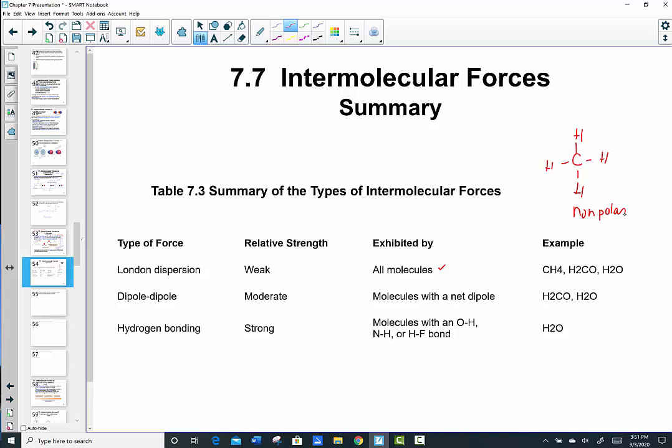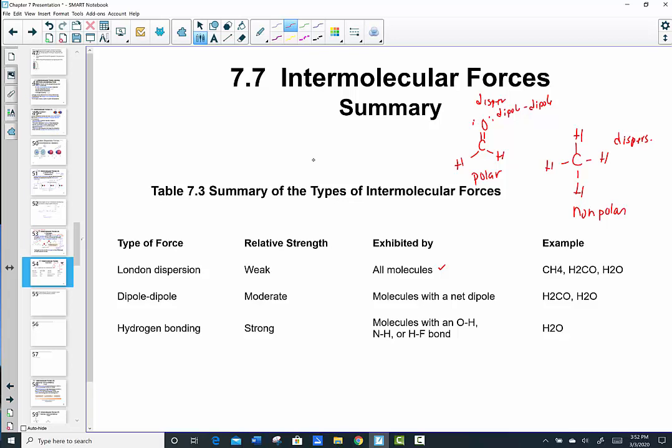And so if I draw H2CO, we could see that this is polar. So it exhibits not only dispersion forces, but it would exhibit dipole-dipole as well. Whereas if you're nonpolar, you only have dispersion forces.